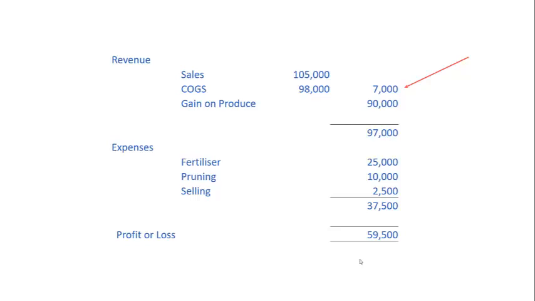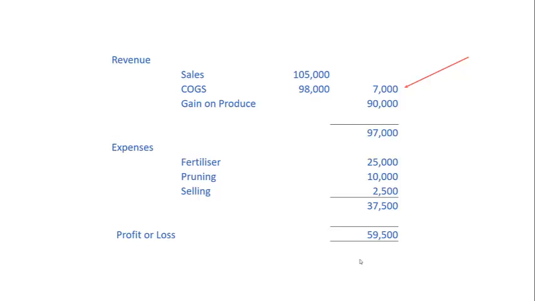But instead you'll see there's a very, very large gain on produce, the agricultural produce, the apples which you recognized when you harvested them. So what you're going to see here is that with fair value accounting in an agricultural context, there's quite a different recognition point for revenue. It's when the value changes rather than on the realization of the apples.